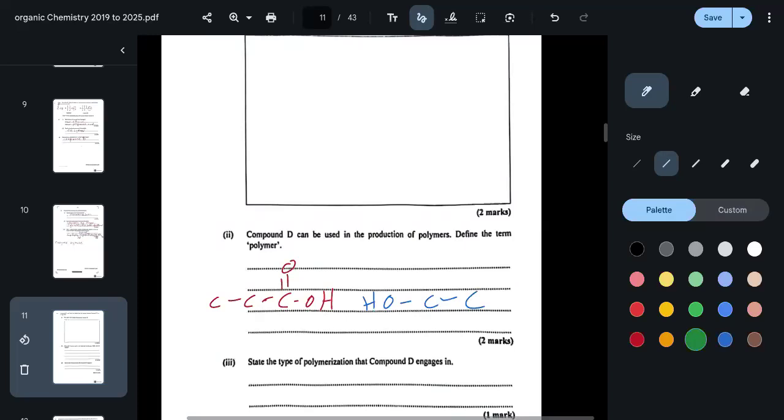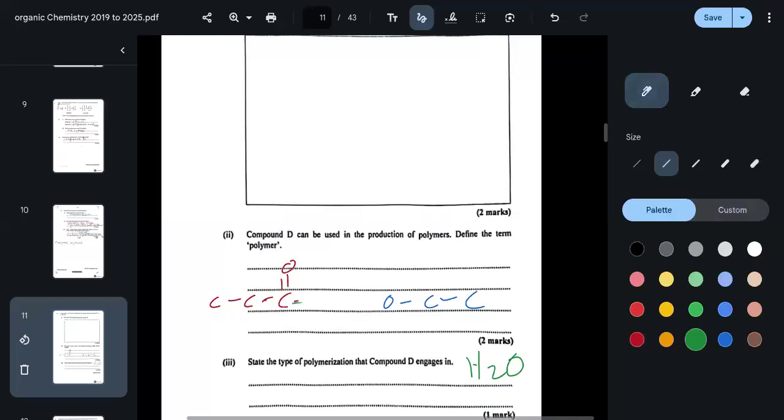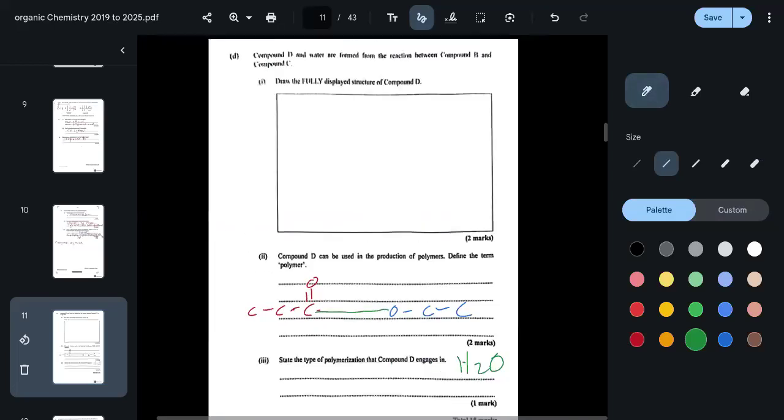And then you take the OH from the acid and the H from the alcohol. That is how you get H2O. So you take the OH from the acid and the H from the alcohol, and then you join them up. All right. So that is what I will do up here.